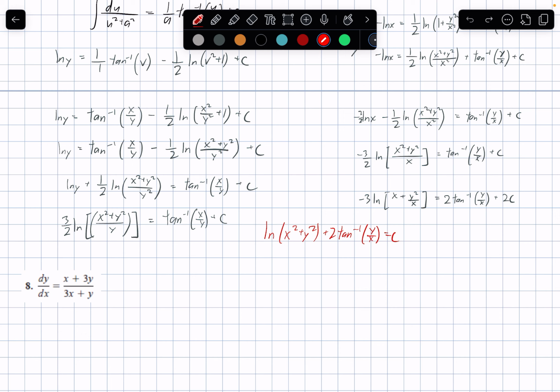So just to let you know, 2c raised to c, it's just the same as c, okay? Because we don't really know the value of the constant, but I just don't write c. For example, if we multiply c by 2, I don't just write c again. I write 2c. So that's the difference.